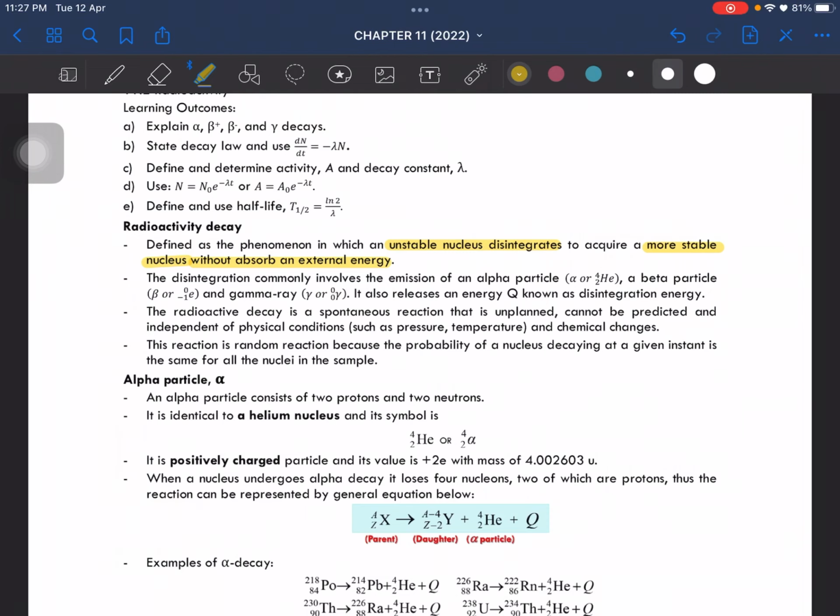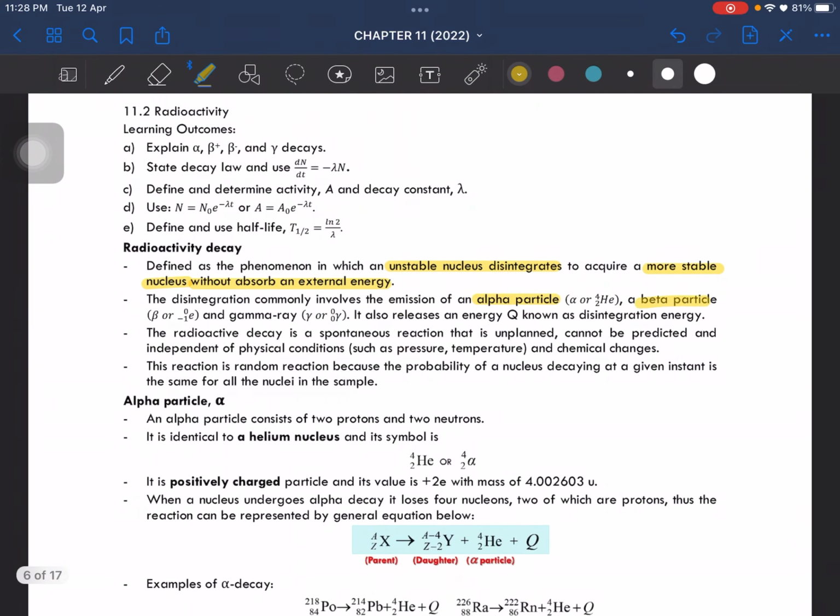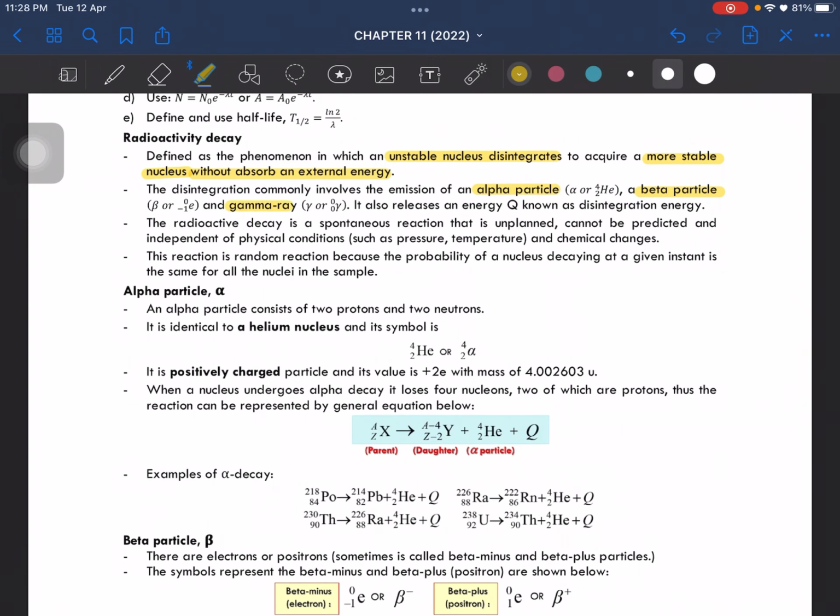This disintegration commonly involves the emission of an alpha particle or a beta particle and a gamma ray. It also releases an energy which we call Q, known as disintegration energy.